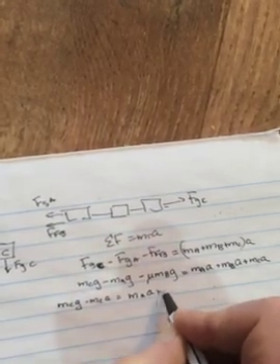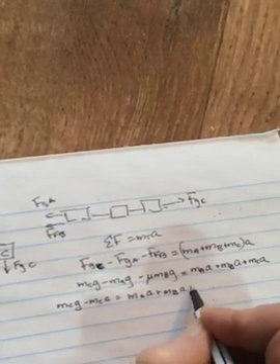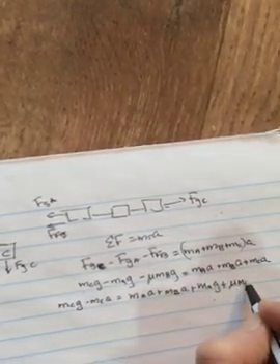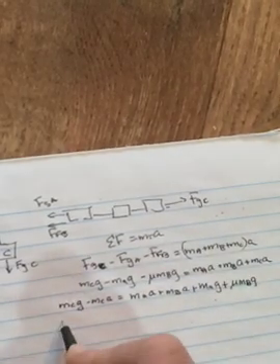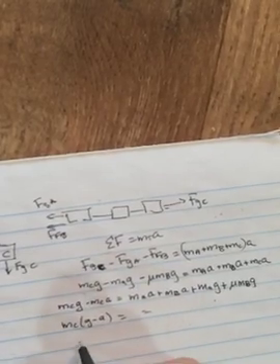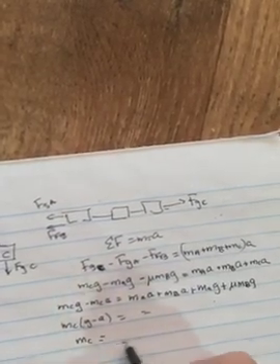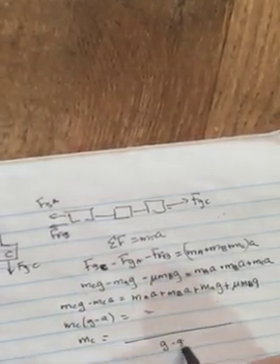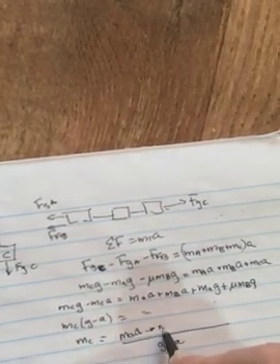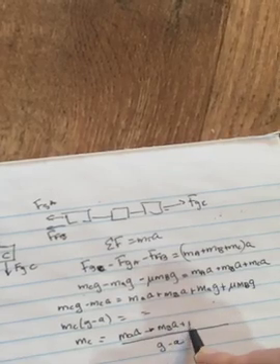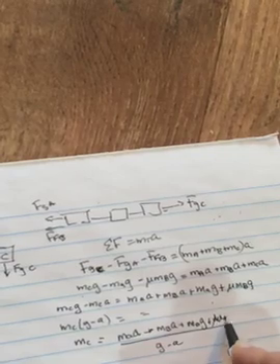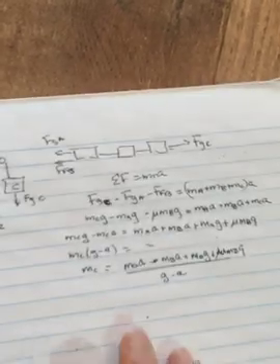So MAA, MBA plus MAG plus mu MBG. Factor out the MC, G minus A, going to equal all that, divide by the G minus A. So MAA plus MBA plus MAG plus mu MBG.